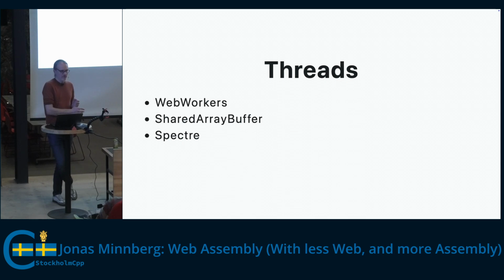One of the things you needed was a very accurate timer. First they fixed it so that get time or get date was not as accurate as needed, but what you could still do is start another thread with a shared array buffer and just increment a value there as fast as you could. Then you could read it from another web worker and you had a pretty high-res timer. So they had to turn it off just because of that attack.